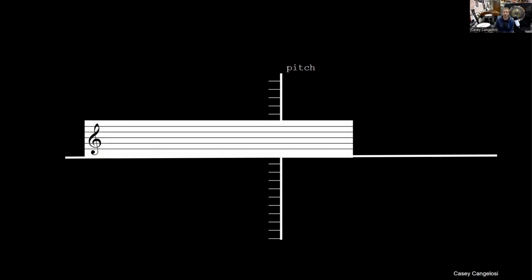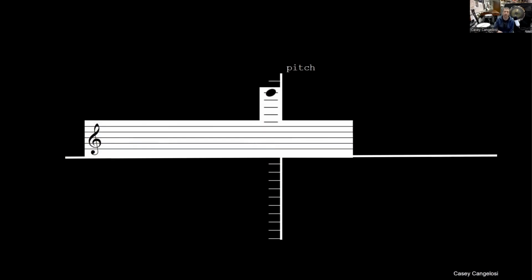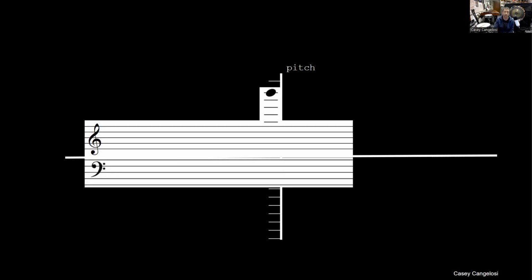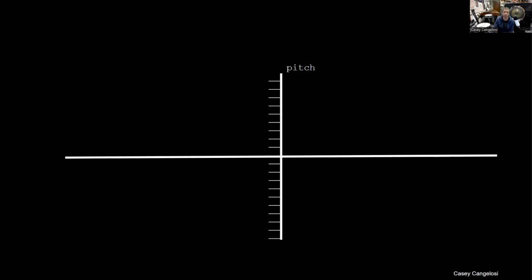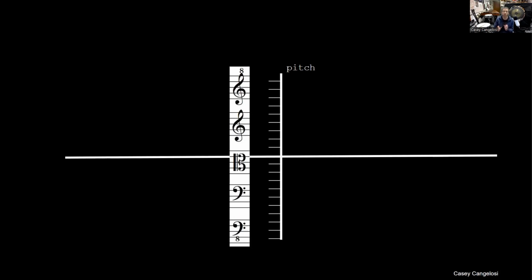So it wouldn't be realistic to look at the whole range of pitch all the time, so we have these nice little snapshots and windows, and if we have to step outside of one of those, we can move up or down with ledger lines, and then of course we can move a whole section down with clefs. So each clef is a little window into a portion of that y-axis.